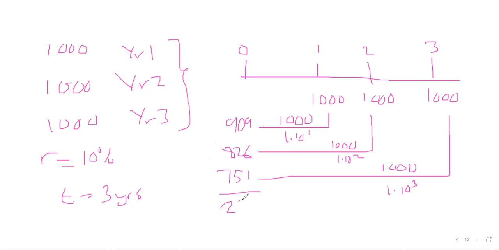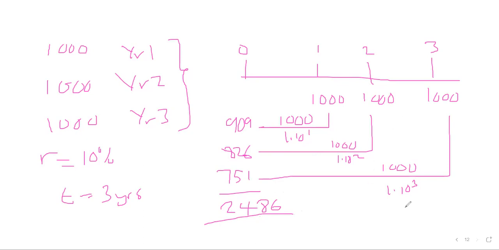Then when you add these, 909 plus 826 plus 751, you get 2,486, or 2,487, somewhere there. So they will now tell you that instead of getting 3,000, you're going to lose some amount because it's now present value.